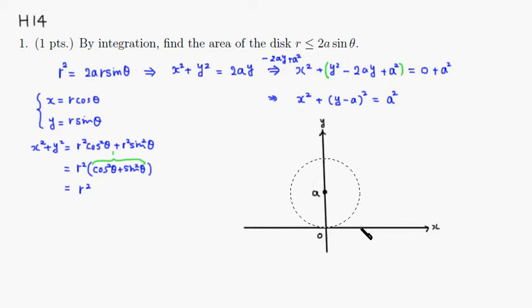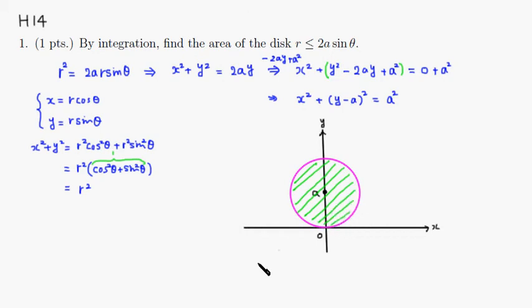So it's going to look something like that. This is a circle, and where r is less than or equal to a sine of theta is basically the disk inside. So we can just shade that. This is the disk we're talking about.